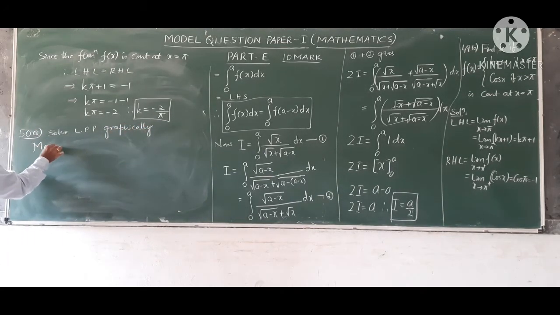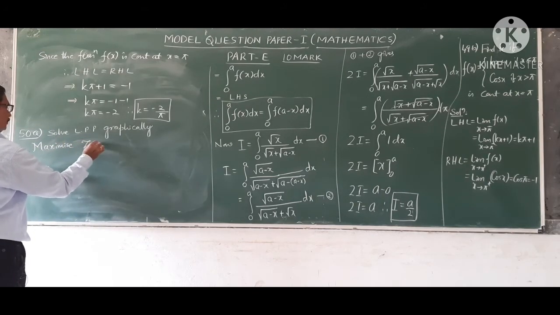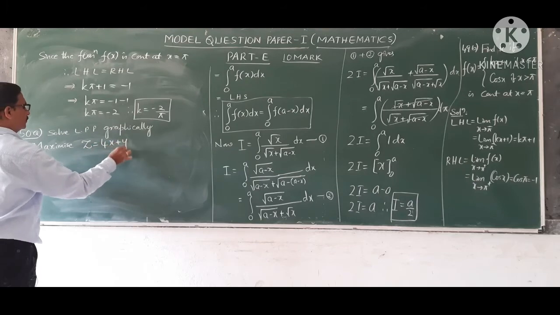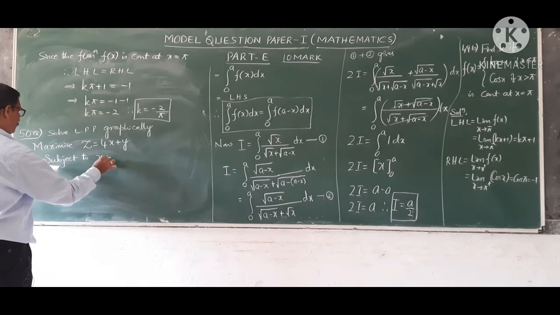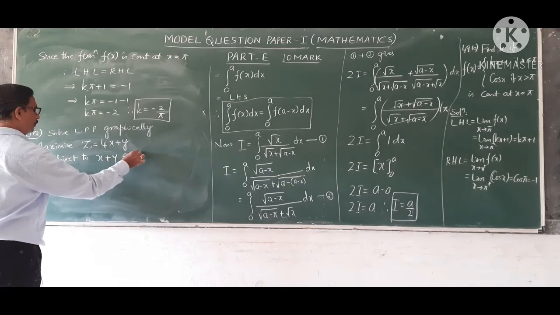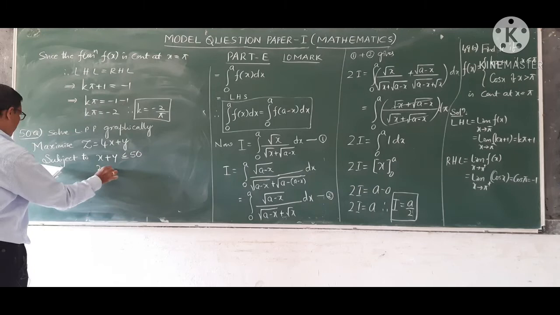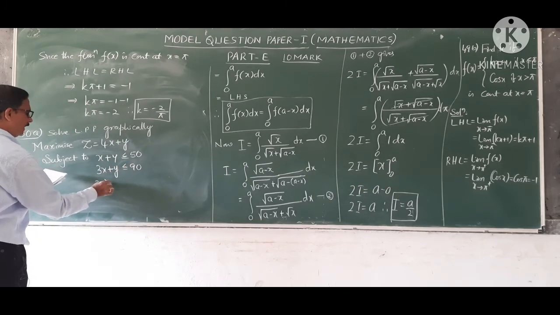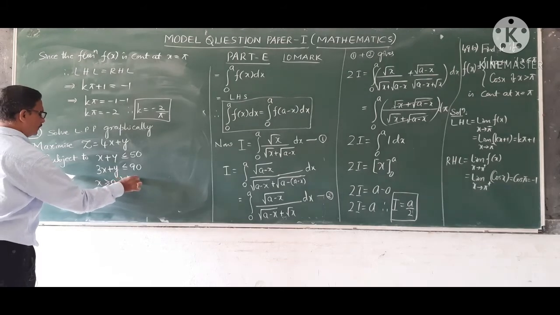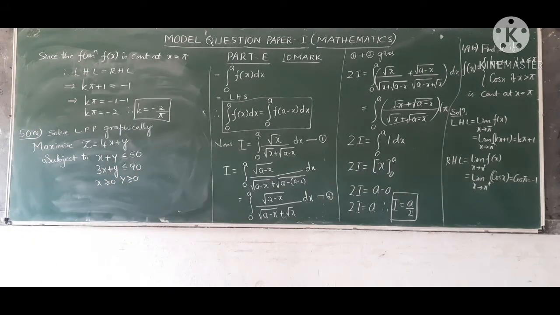Maximize z is equal to 4x plus y subject to the constraints x plus y less than or equal to 50, 3x plus y less than or equal to 90, and both x and y should be positive. Solve graphically.